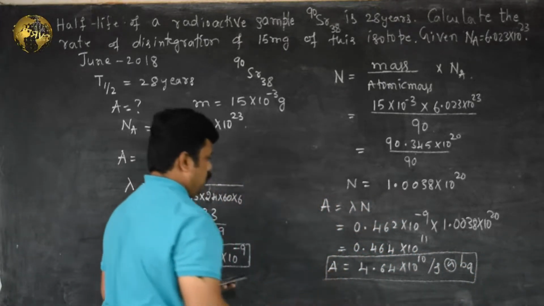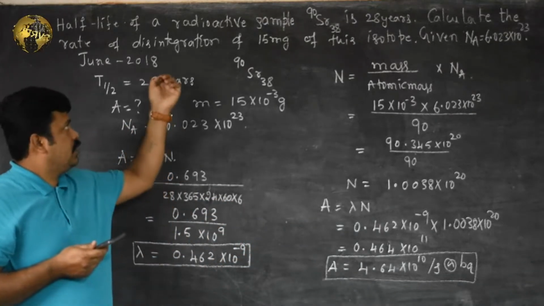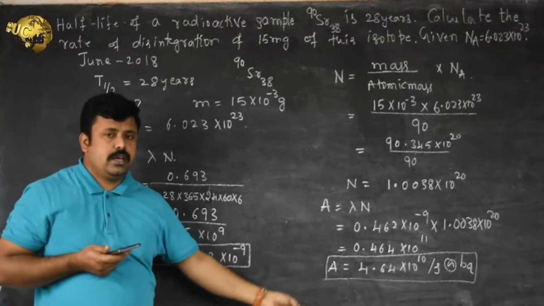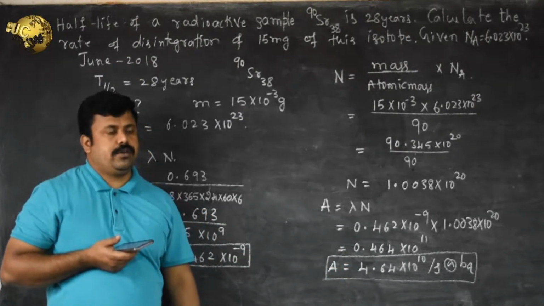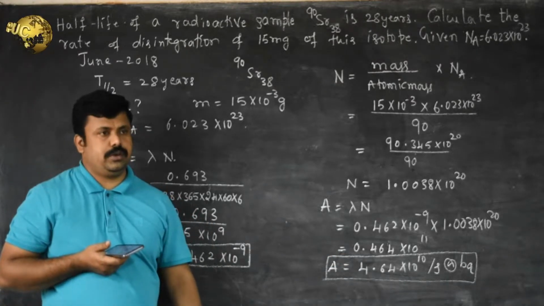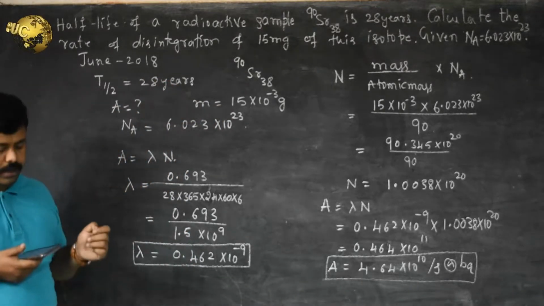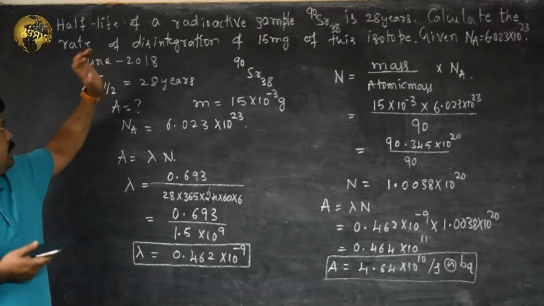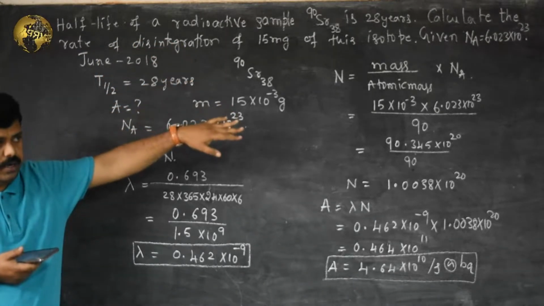So here we can stop. If they ask us to calculate the rate of disintegration in curie, the next step can be dividing by 3.7 into 10 to the power 10. So you can also write that in curies. A very simple numerical. They are asking us to calculate the rate of disintegration, that is radioactivity.